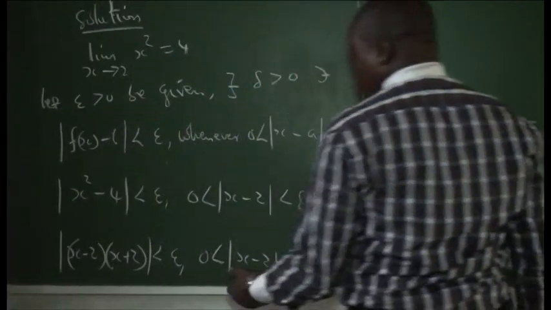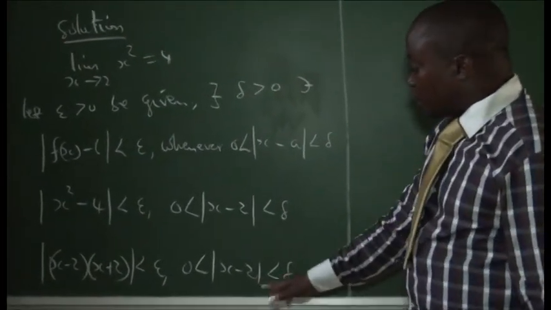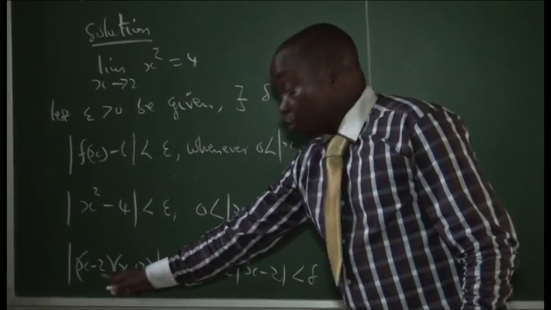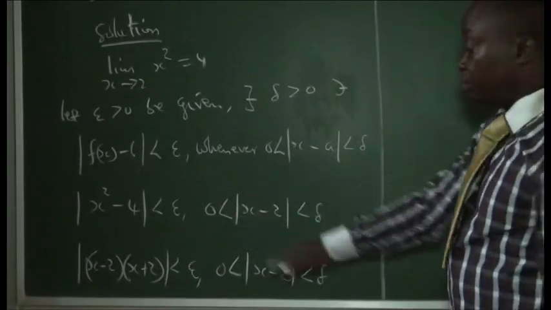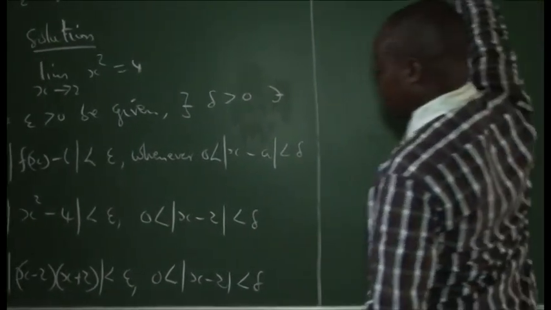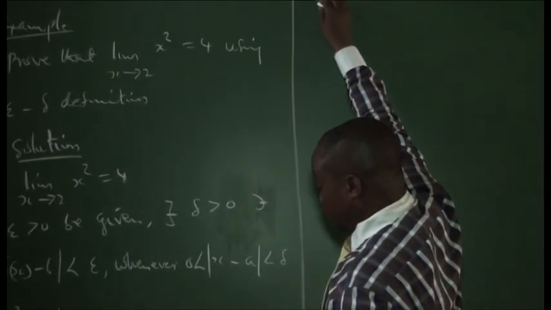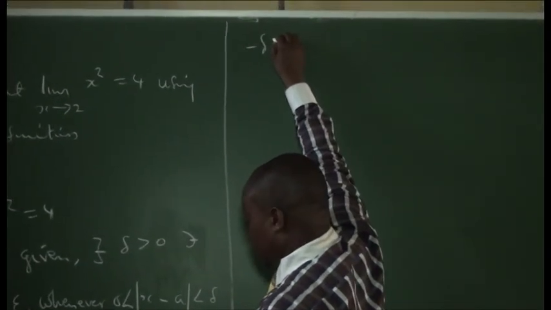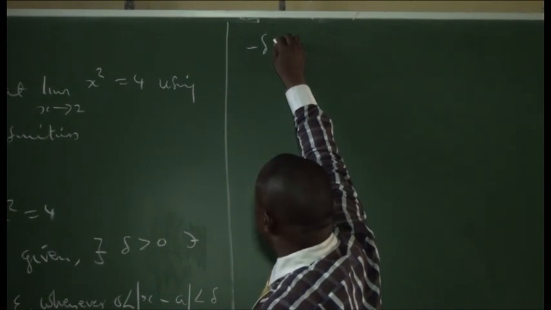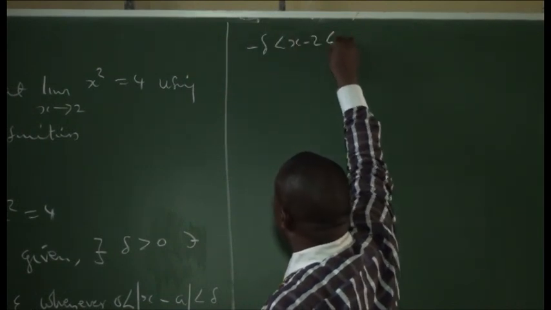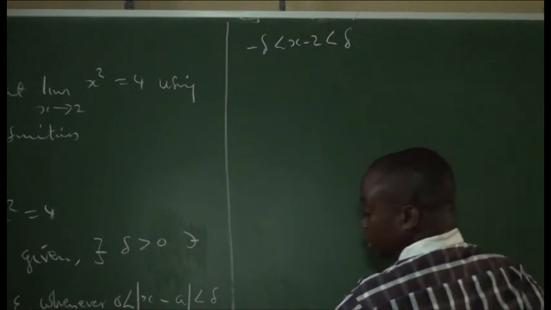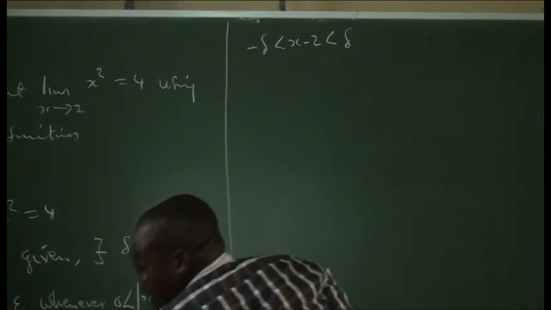Now we see that we have something here of 1 which is common. So we constrain with 1, later we'll also deal with the other one. It means that minus delta is less than x minus 2 and less than delta, from what we have done before. I'm taking this one that is equal to 1.